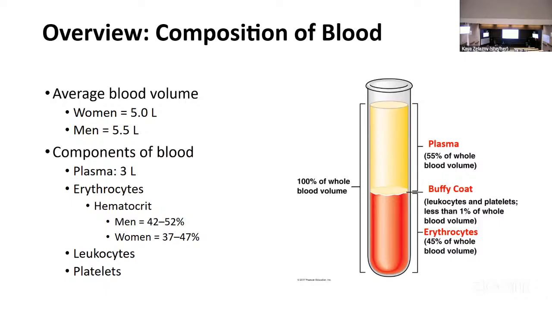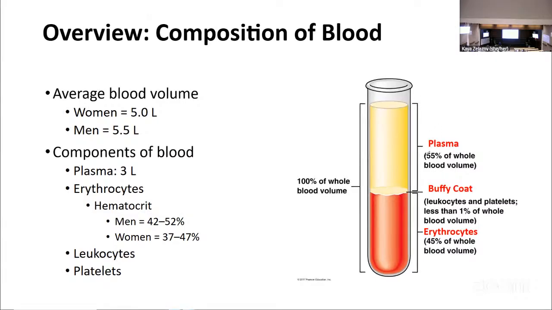So that fluid is our plasma, one of our two types of extracellular fluid. Okay. So on average, textbook person, textbook woman would have about 5 liters of blood. Man would have about 5.5 liters of blood. This can vary, right?